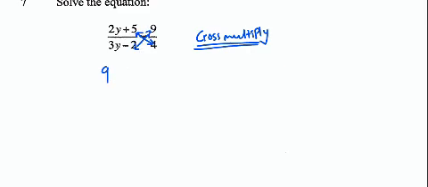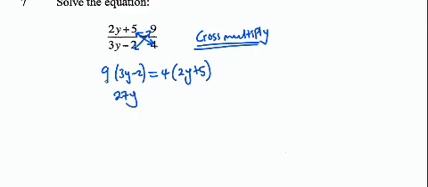So 9 multiplies 3y minus 2, equal to 4 multiplies 2y plus 5. Right? So 9 times 3y, that's 27y. 9 times minus 2, that's minus 18, equal to 4 times 2y, that's 8y. 4 times 5, that's 20.